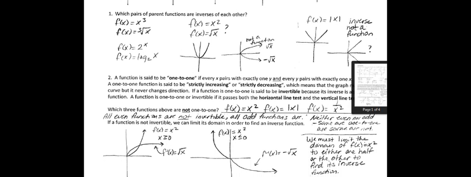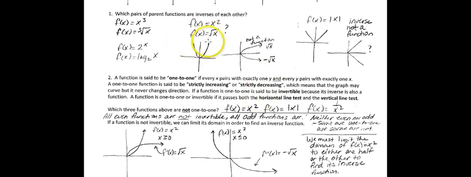Okay, so back again to our definition. If a function is 1-to-1, it is said to be invertible because its inverse is also a function. A function is 1-to-1 or invertible if it passes both the horizontal line test and the vertical line test.